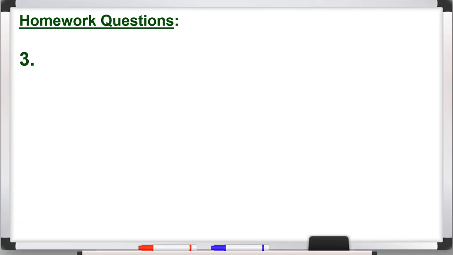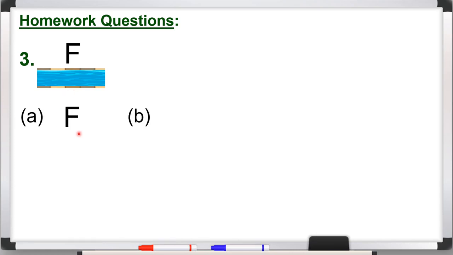Now in question number 3 it is given F and here is the water. Now you have to see what image comes when we see it in the water, like this F, this or this.